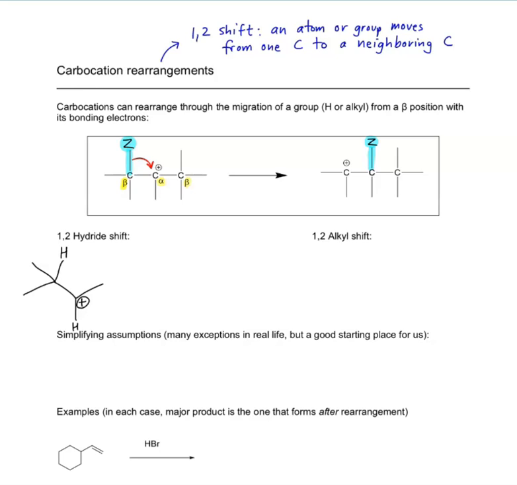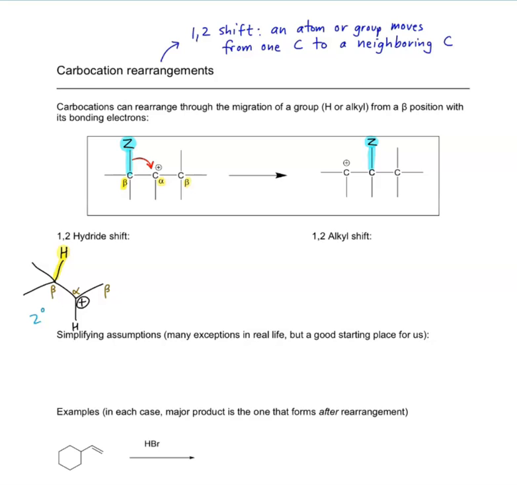Okay, so this carbocation has a positive charge on this carbon right here, which is the alpha carbon, and one bond away are beta carbons. Now this is a secondary cation. That's going to be important to keep track of. So what's going to happen here is that a hydrogen with a pair of electrons that bonds it to that beta carbon is going to move over.